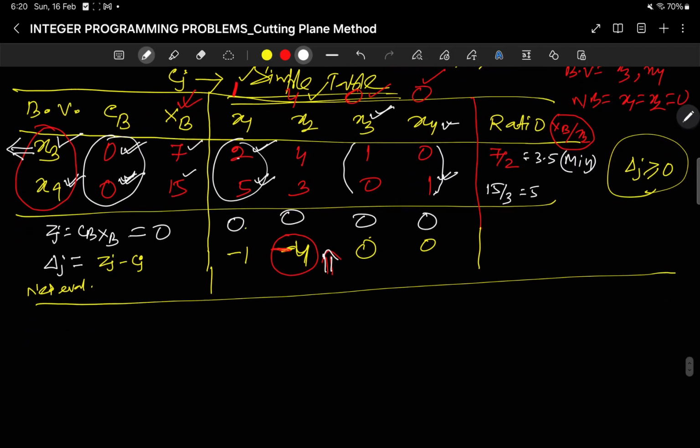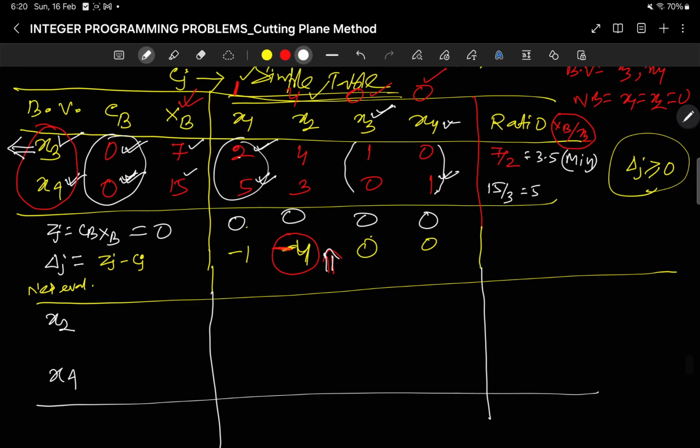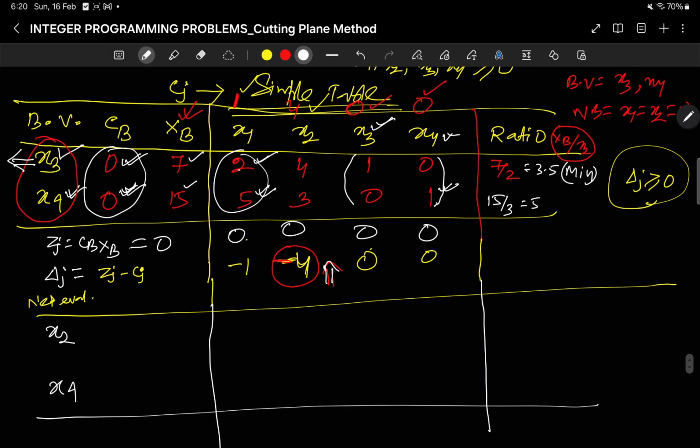So in the next set of solution, we have x2 and we have x4 as usual. So you see, the calculation must ensure that the intersection point of x2 and x2 must be 1, and the intersection point of x4 and x4 must be 1 and 0.